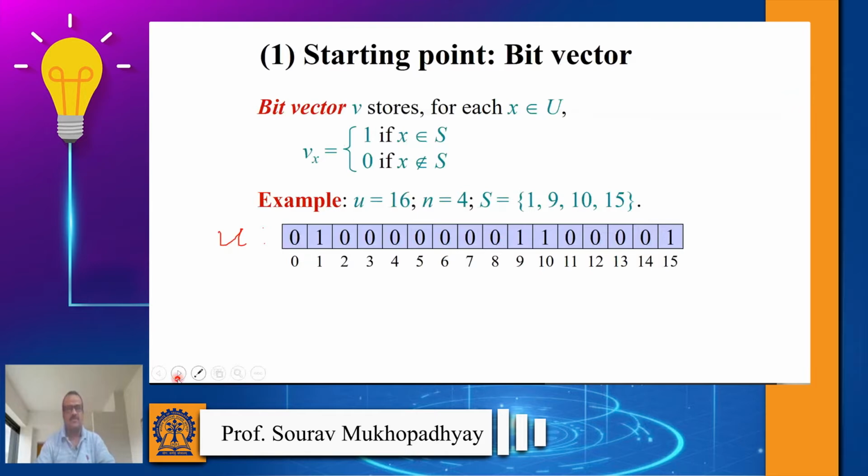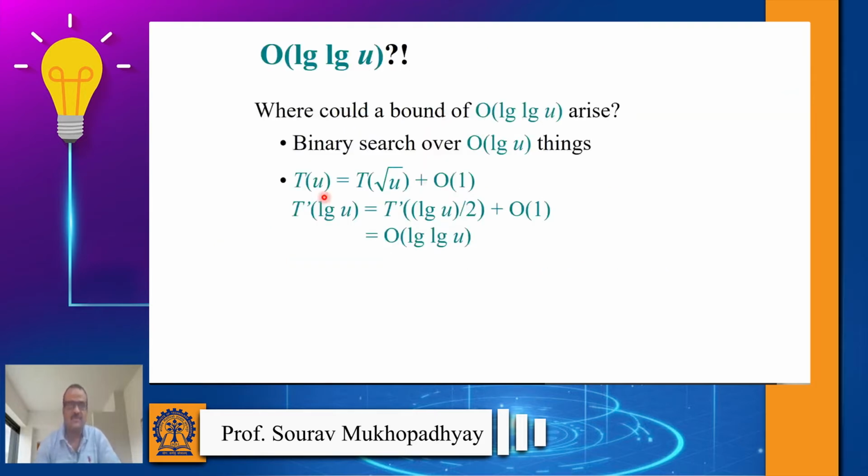this one. If we have the recurrence T(u) = T(root u) + constant, then if we put u to be log u, it will give us the solution log log u.